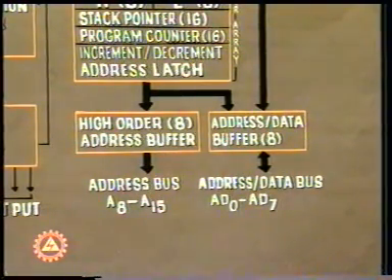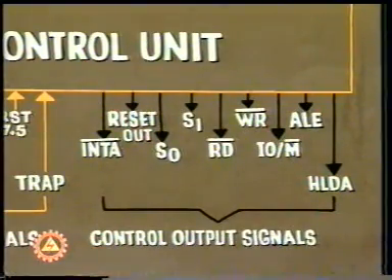For a specified period, lower 8-bit address data bus provides the lower order 8-bit address, and then it acts as 8-bit data bus. The timing is provided by a control signal known as address latch enable.